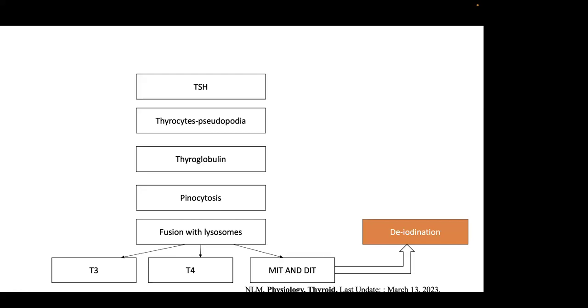Furthermore, pinocytosis will occur, involving fusion with lysosomes, and T3, T4, and the monoiodotyrosine and diiodotyrosine are released. The MIT and DIT will undergo deiodination, so that the iodide can be reused by the thyrocytes.